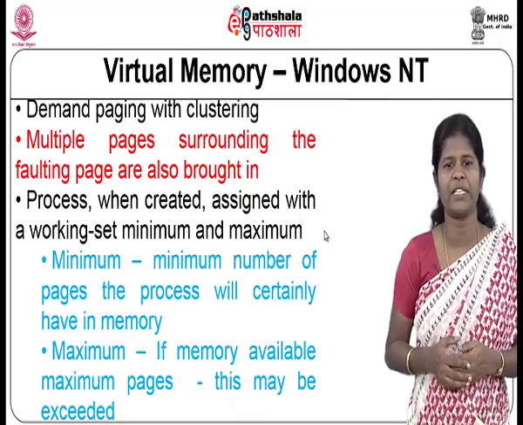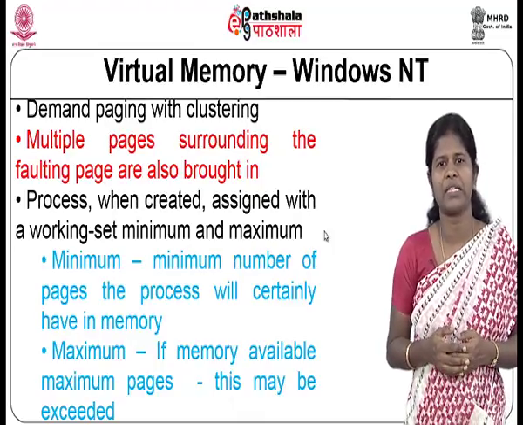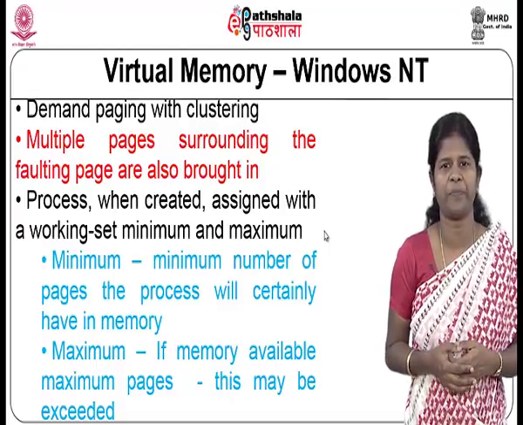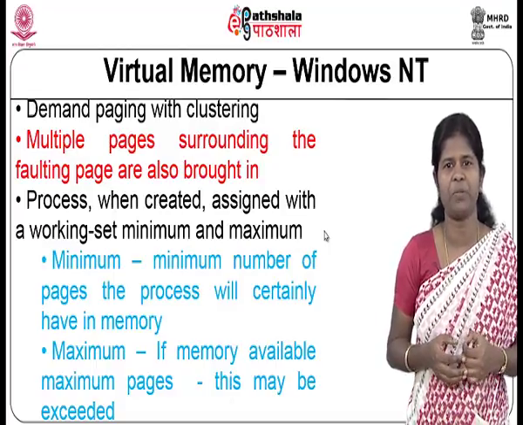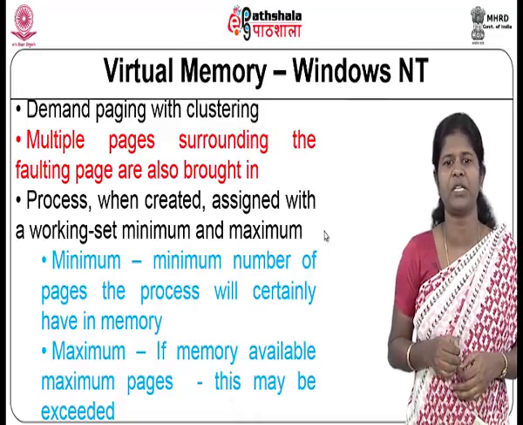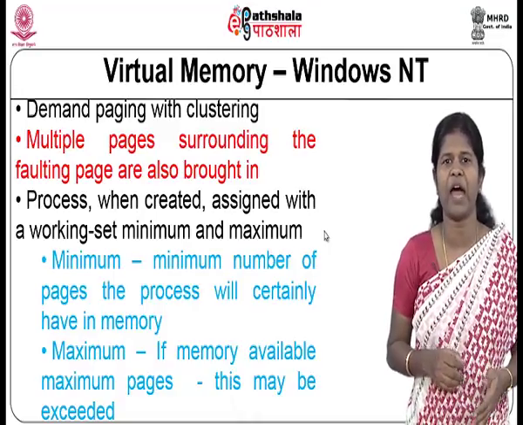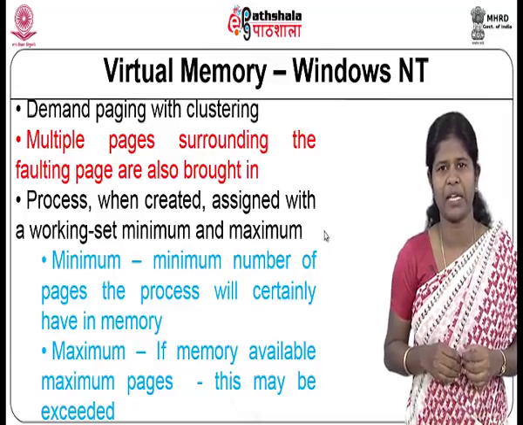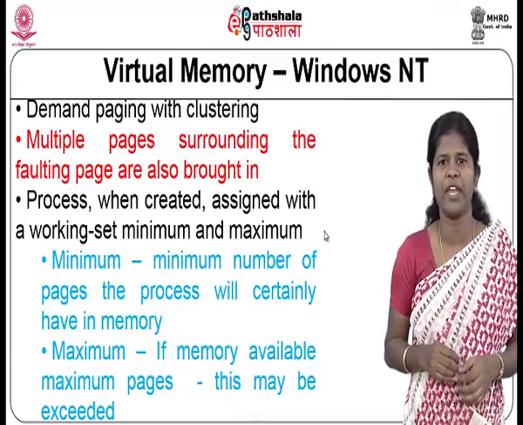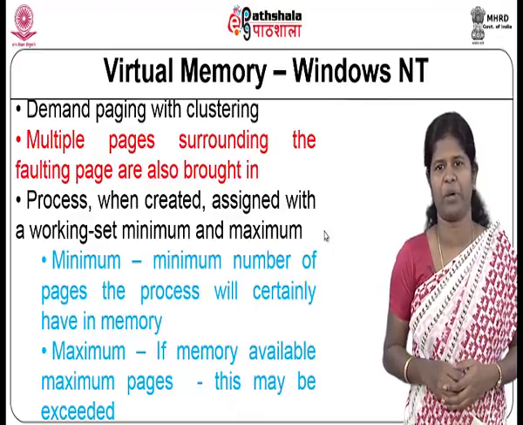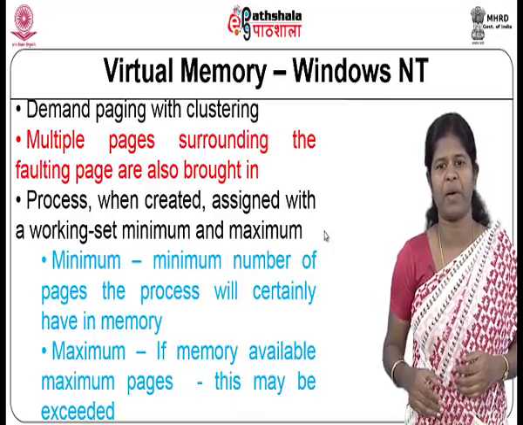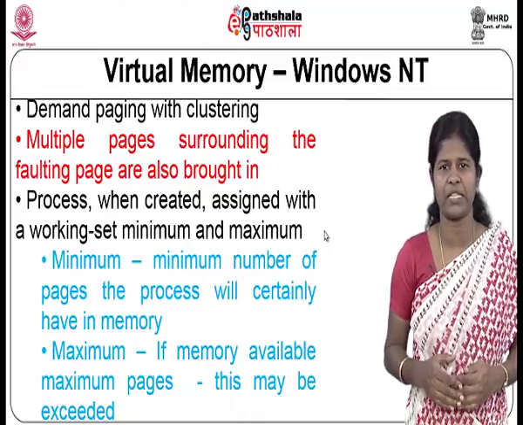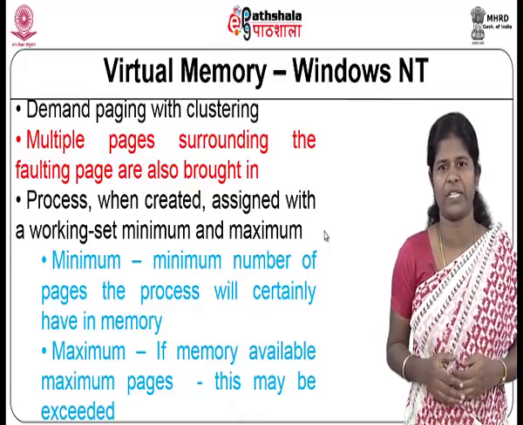Say the working set minimum is 10 and the working set maximum is 20. The working set minimum is the minimum number of pages the process will certainly have in memory, so that process will be assigned at least 10 physical frames. The working set maximum is the maximum number of pages that process can have in physical memory.